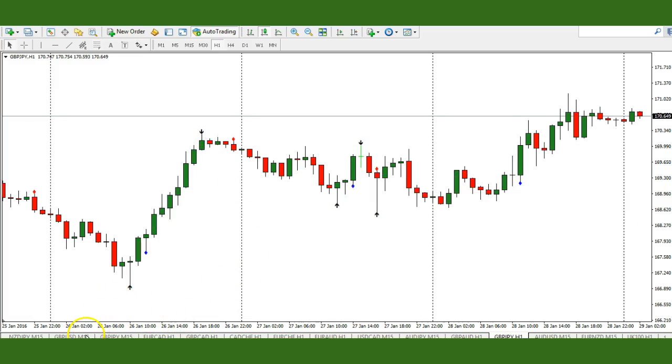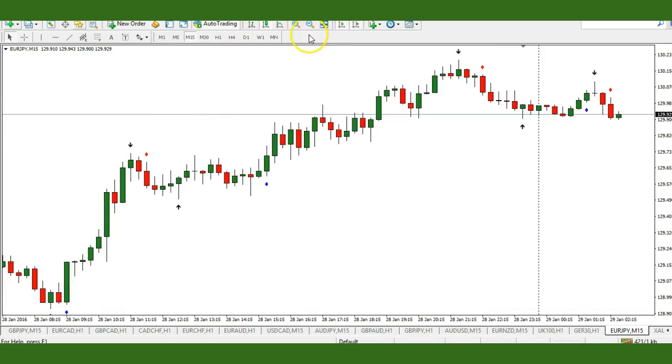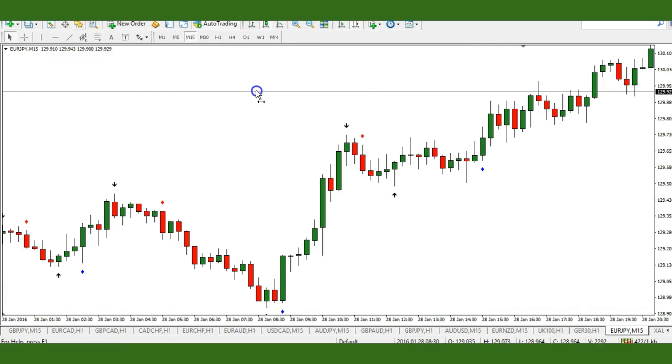Let's look at a couple of the other pairs, the euro yen. Here's the euro yen. Here was the uptrend on Wednesday and a bit of a retracement on Thursday, and there's the run up. Now, again, knowing that the market's in an uptrend from the previous day, we go to our 15-minute chart and start looking for buying opportunities.